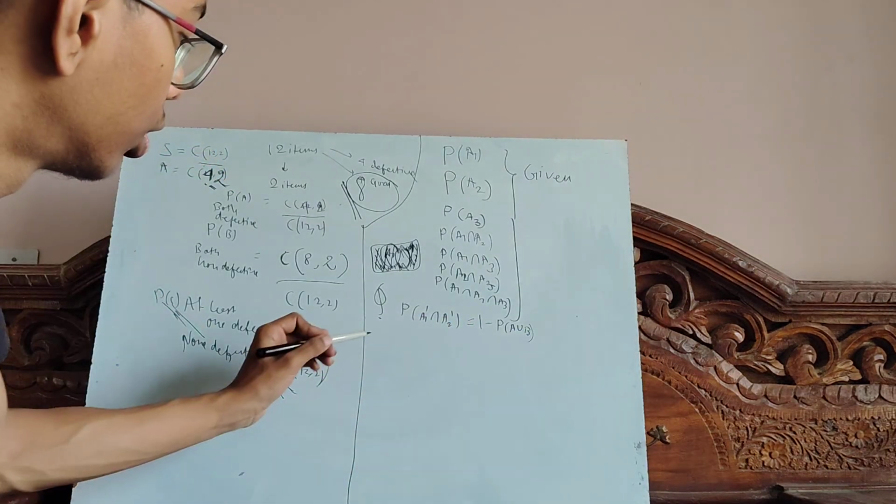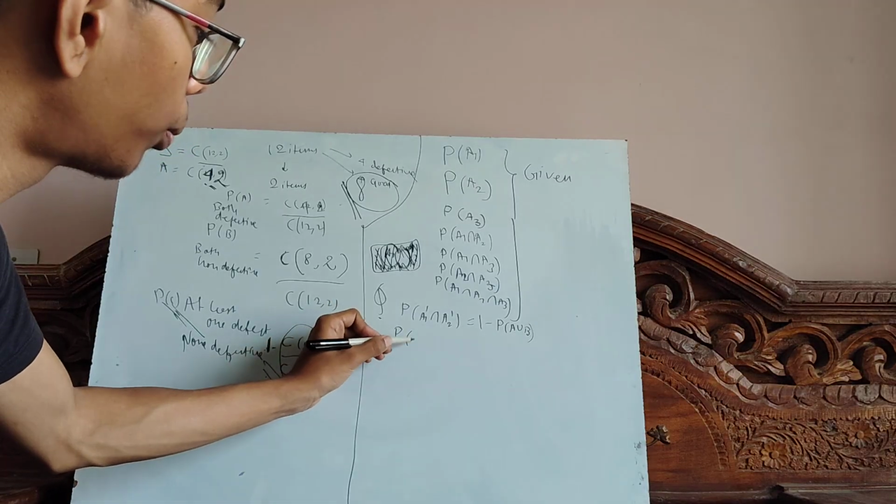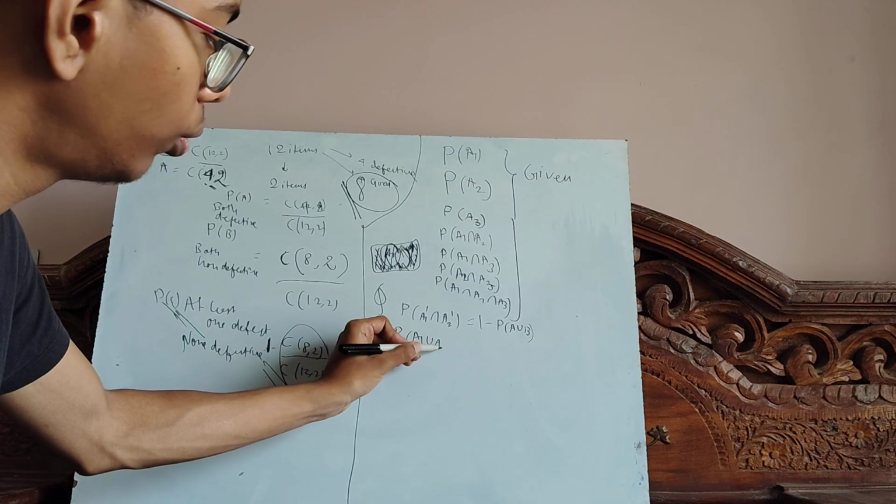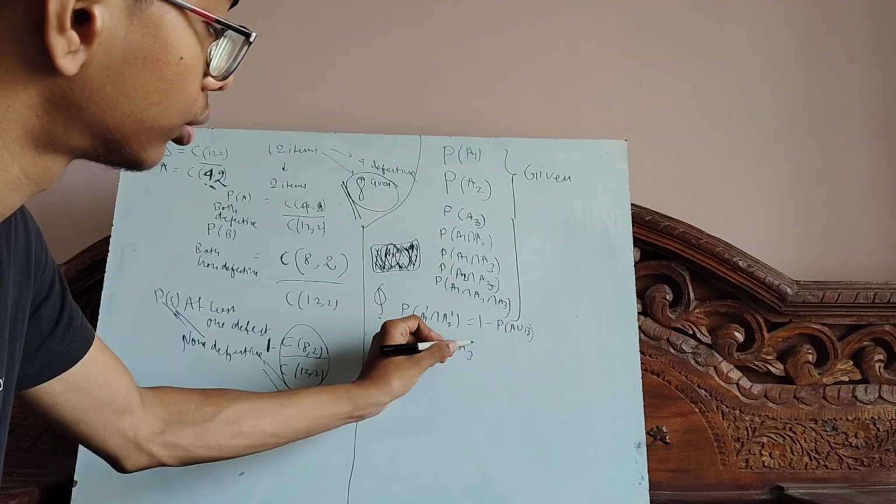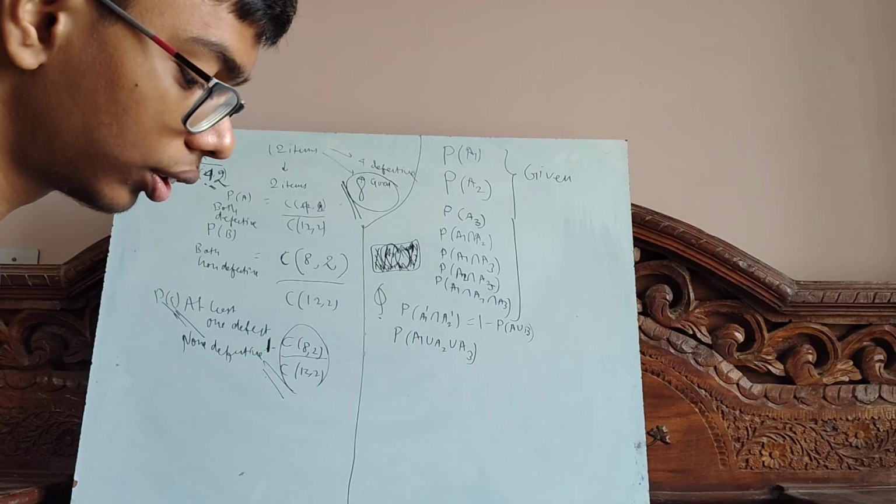Now, next question is find probability of A1 union A2 union A3. Right.